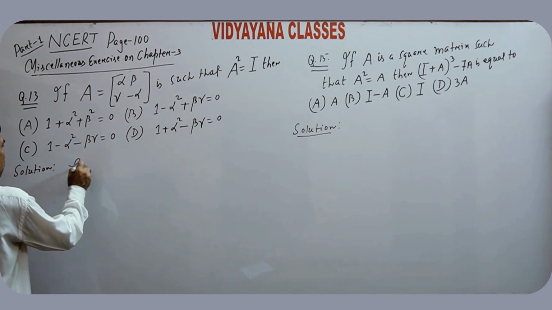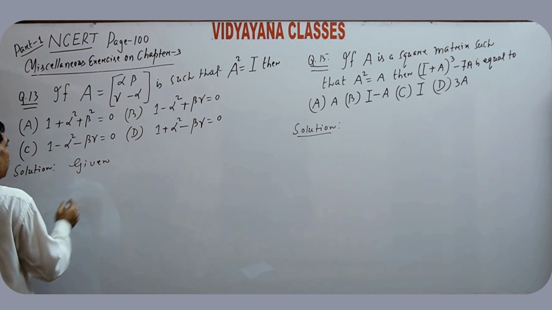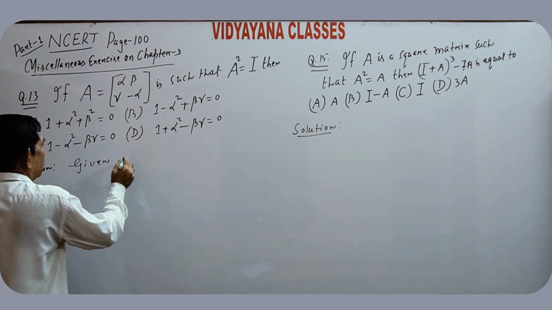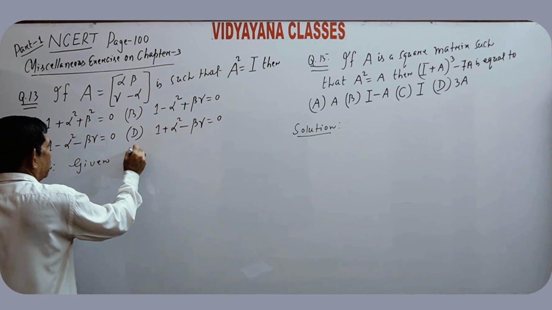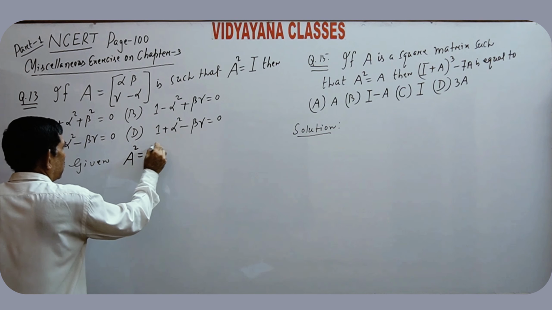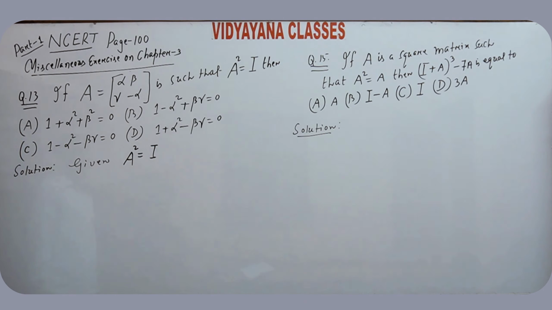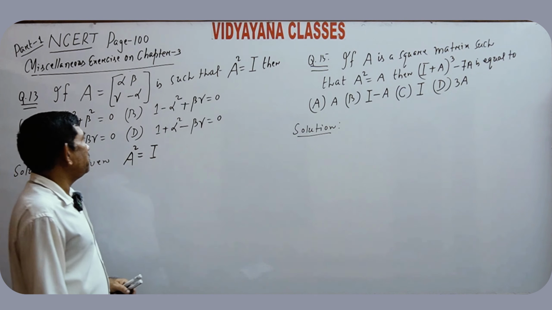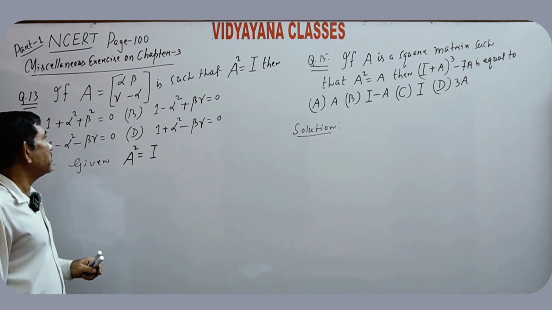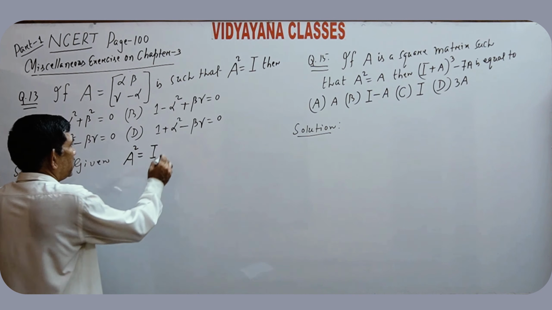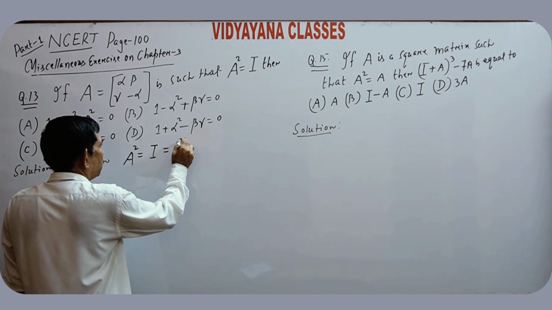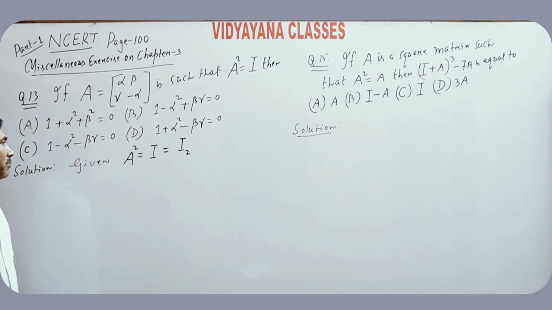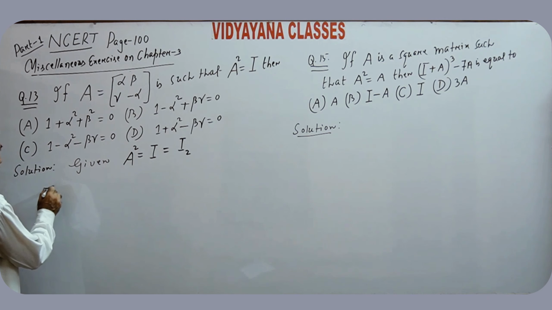Given A square is equal to I, which means unit matrix. Since A is a matrix of order 2, A square must be a square matrix of order 2, which is same as I2.